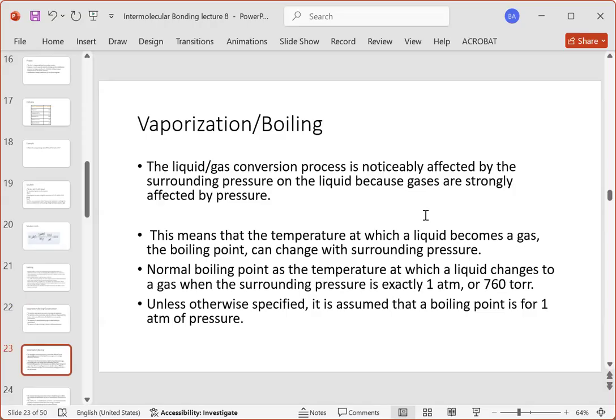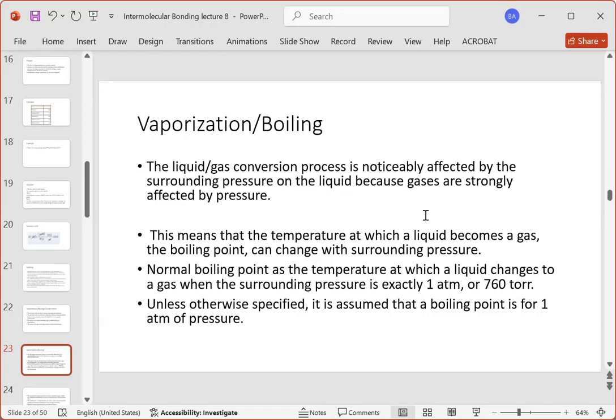If you have a gas, we talk about pressure. We'll deal with gases on their own, with the gas laws: Charles's law, Boyle's law, Gay-Lussac's law. We talk about them when we are dealing with the gas itself. This means that the temperature at which a liquid becomes a gas, the boiling point, can change with surrounding pressure.